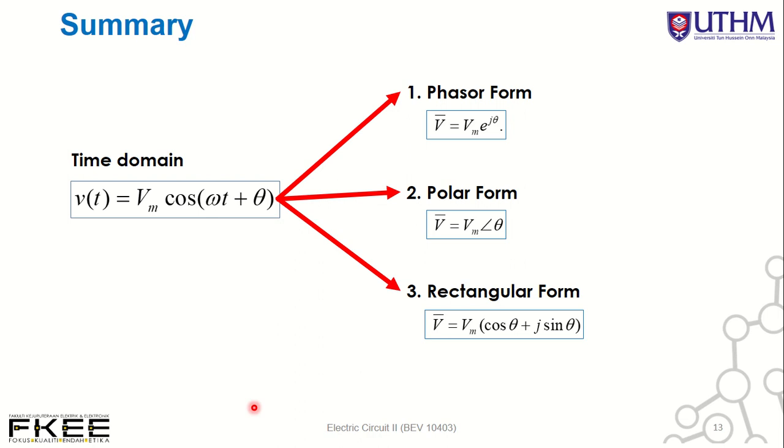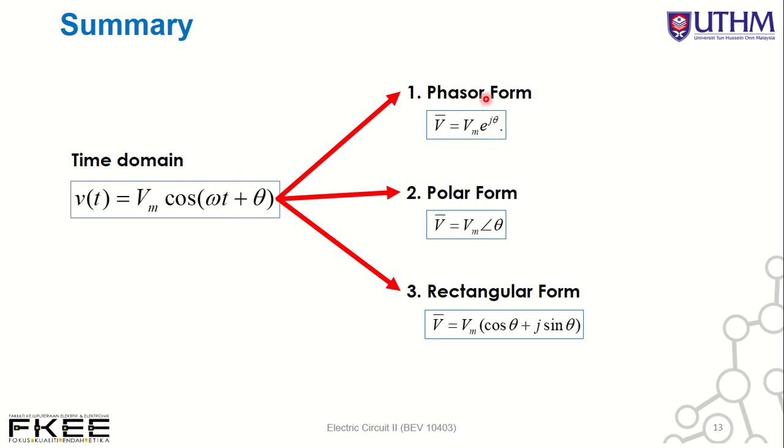So what we can summarize from this subtopic: we have a time domain v(t) equal to Vm cos(omega t plus theta). We can represent this time domain in phasor form, or exponential form, Vm e^(j theta), because we have the same frequency, so we can remove omega.